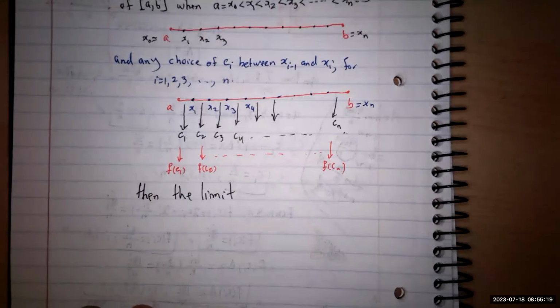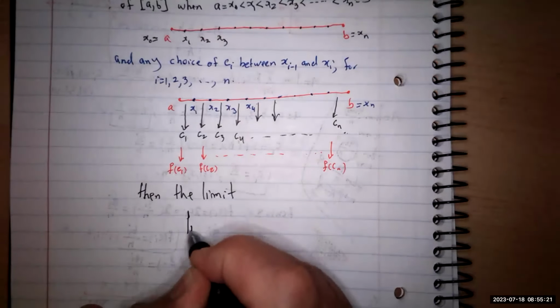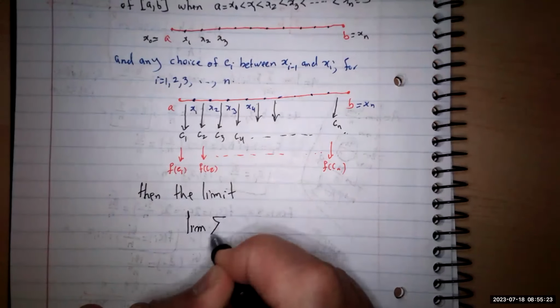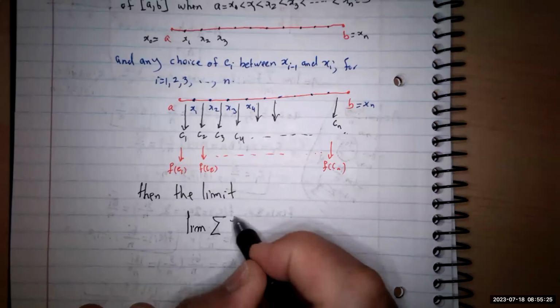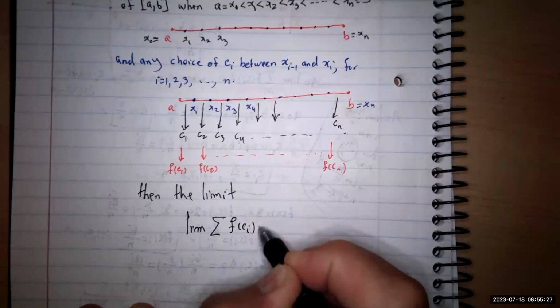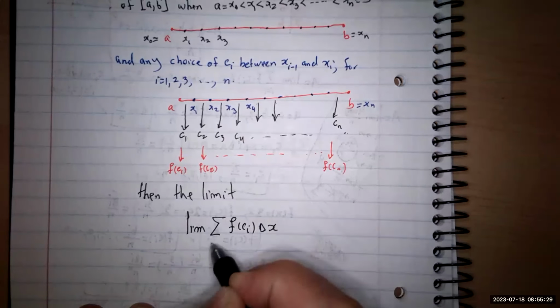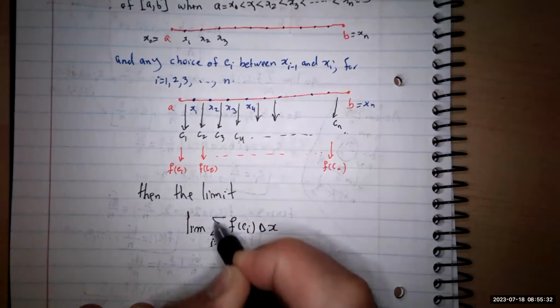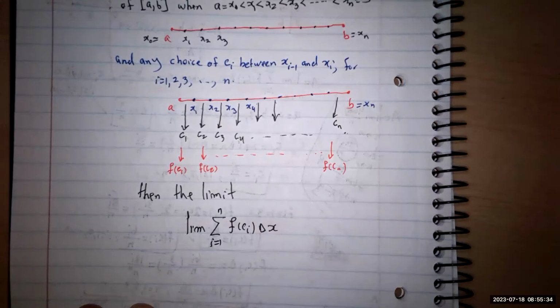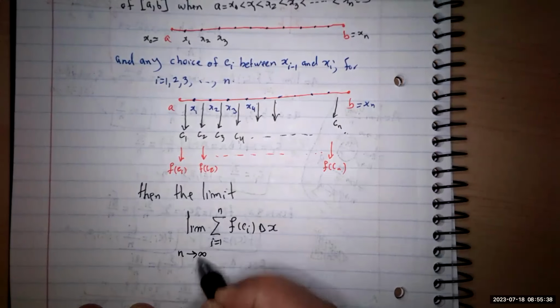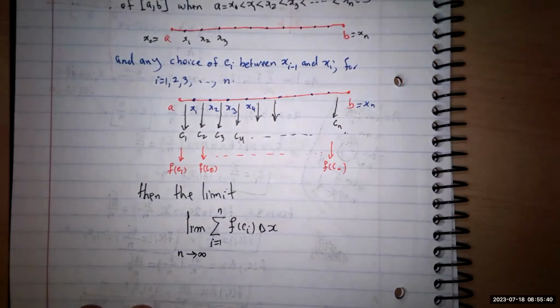This is the limit of the sum of f of ci delta x, i from 1 to n, as n goes to infinity. Suppose this limit exists.